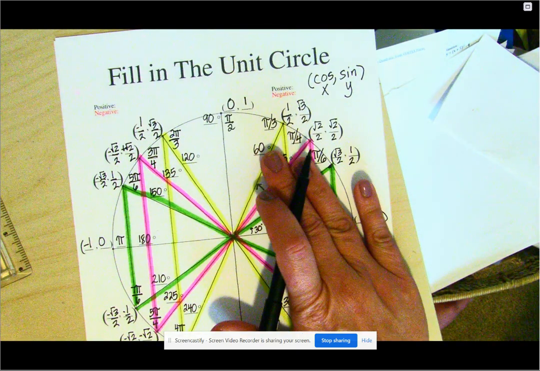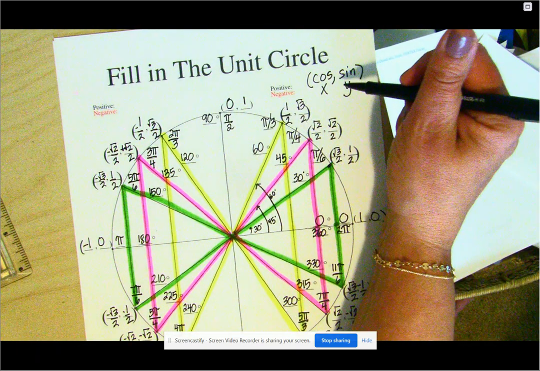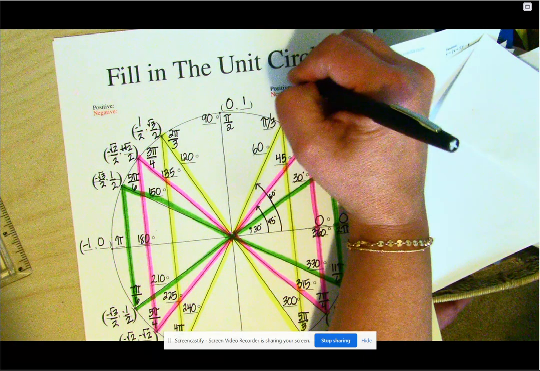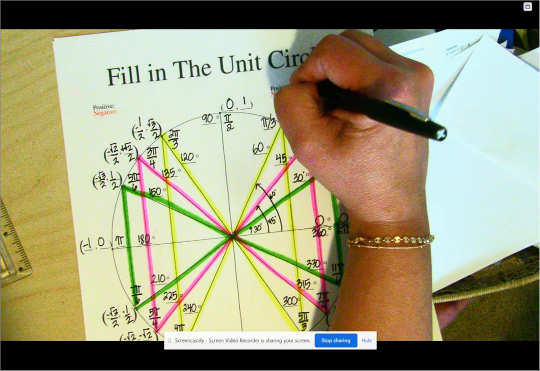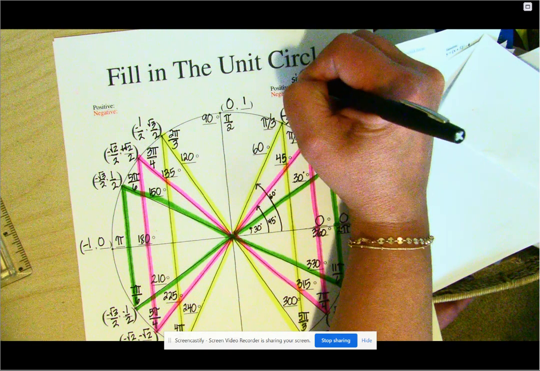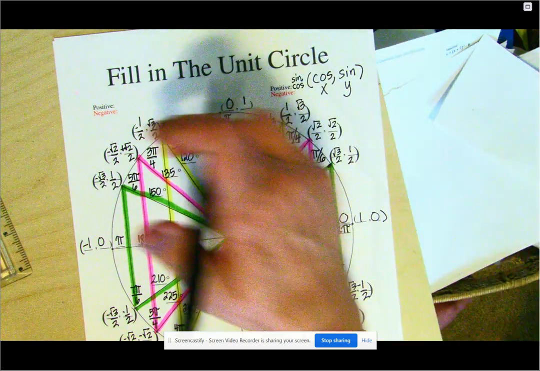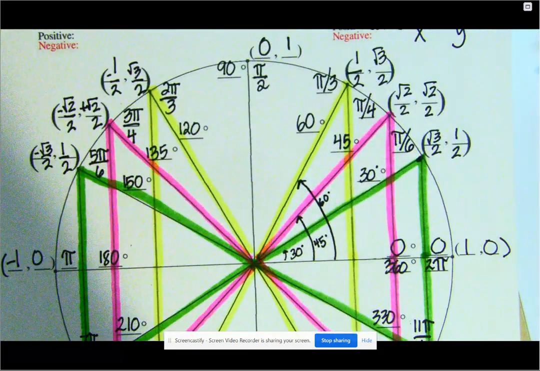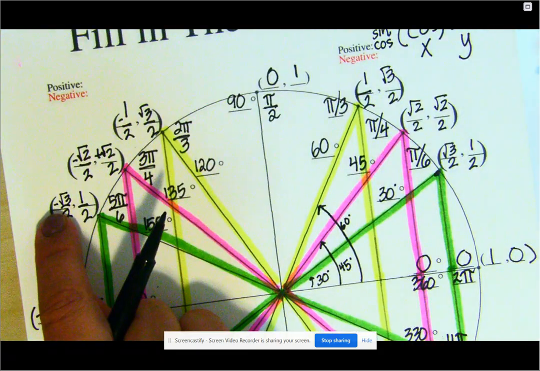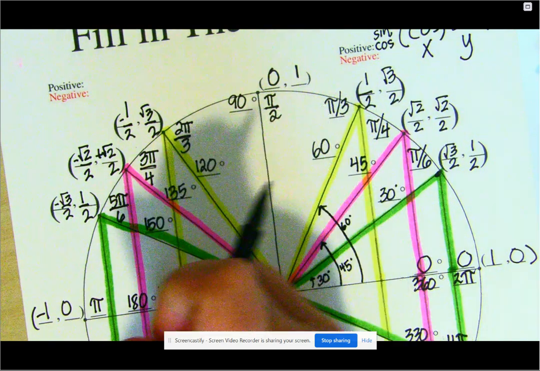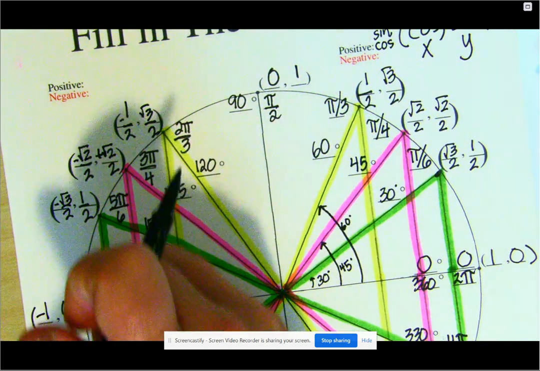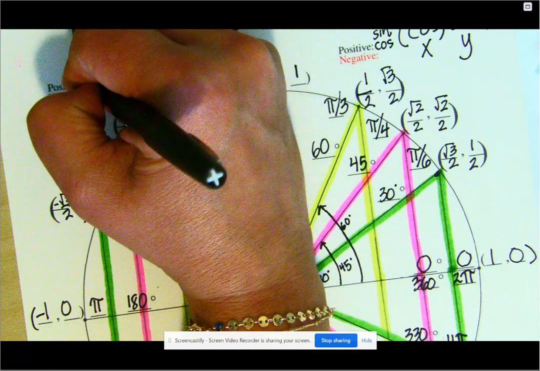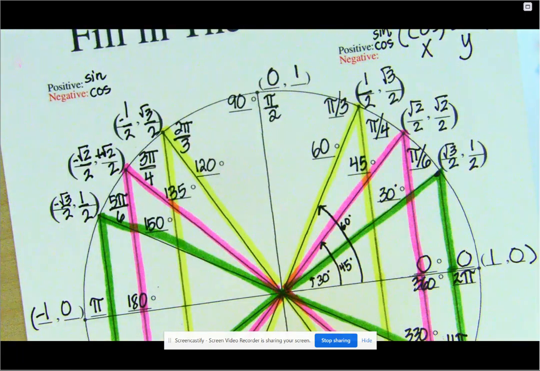So over here, and we're only doing sine and cosine this week, both the coordinates are positive. So sine and cosine are both positive. Over here, the x coordinate is negative. So cosine is negative and sine is positive.